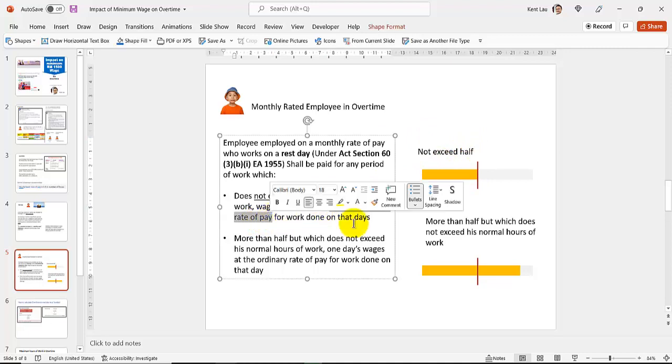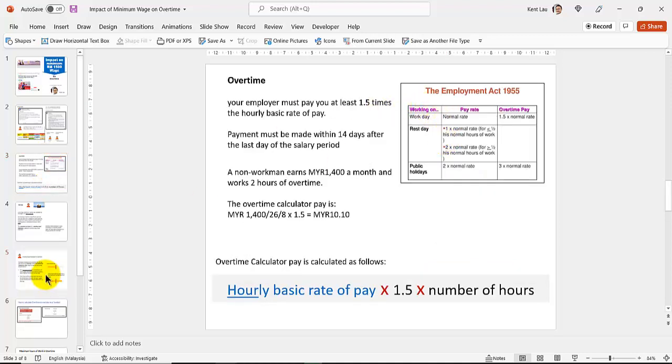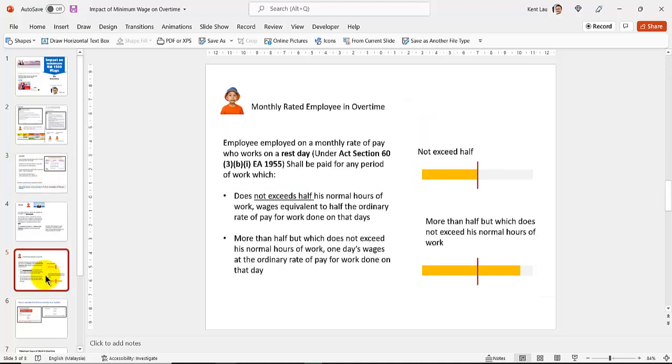Half, half. Now, if you work more than half but do not exceed the full day, you get one day's wage rate. So it's kind of a bit contradictory to what this says, so you've got to check with the employer's expertise.